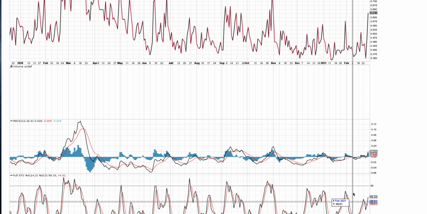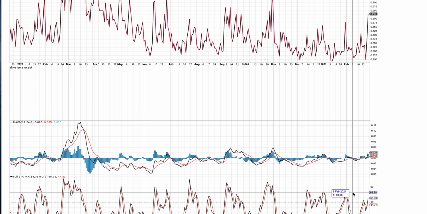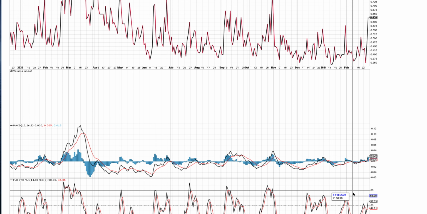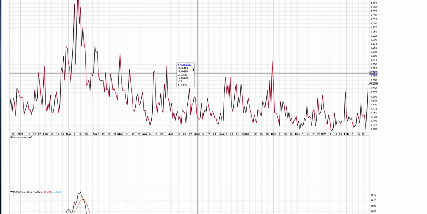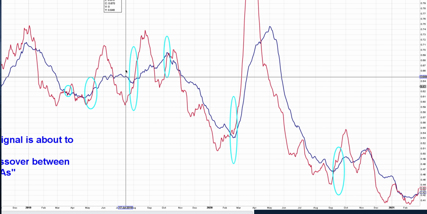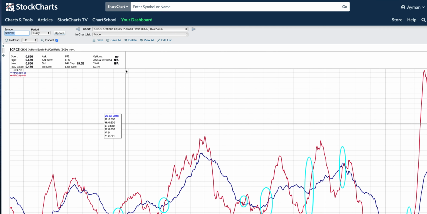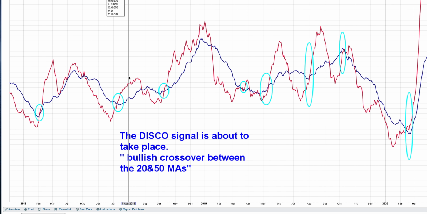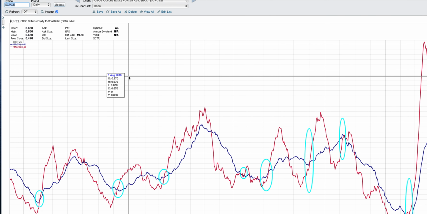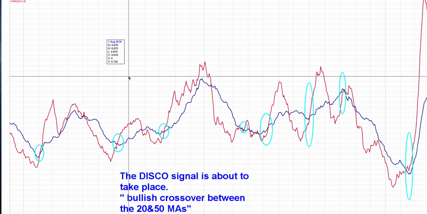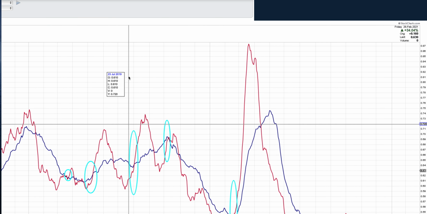What's bullish about the put to call here is the MACD bullish crossover and the bullish crossover in the stochastic. Sometimes this is very bullish for the equity put to call and bearish for the equity market. I discovered throughout the years a signal I called the disco signal, which is the 20 and 50-day moving averages for the equity put to call.